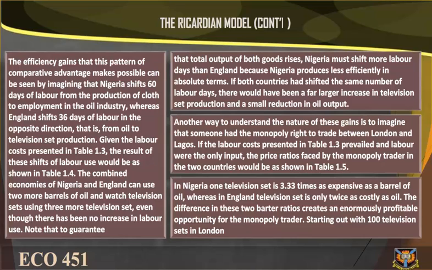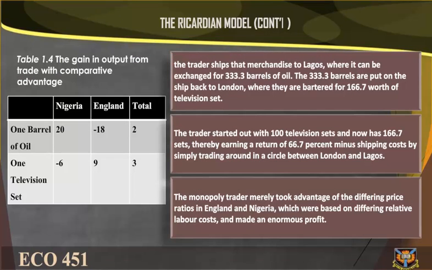The difference in these 2 barter ratios creates an enormously profitable opportunity for the monopoly trader starting out with 100 television sets in London. Table 1.5, Domestic exchange ratios in Nigeria and England.